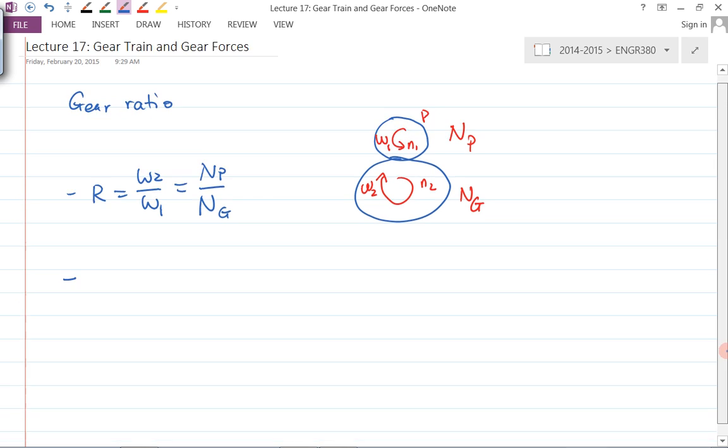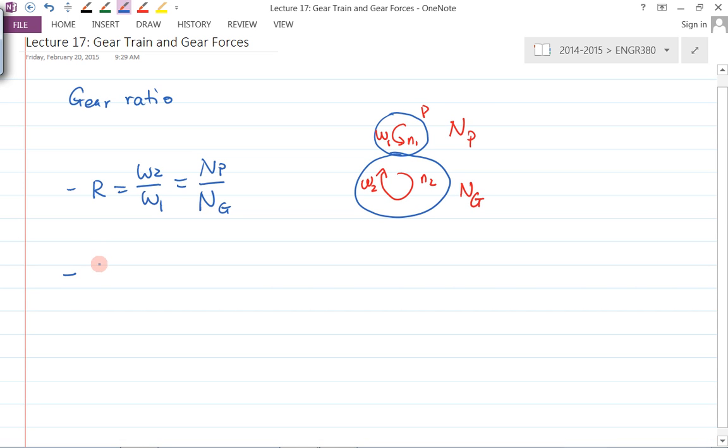In our class, most of the time, we define the gear ratio simply as NP over NG. The two are just inverses of each other.